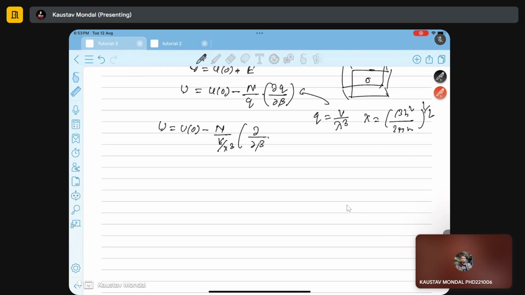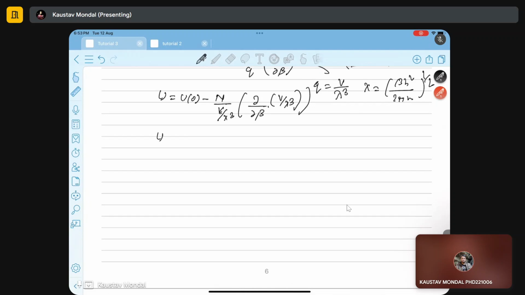From here, U equals U0 minus N by lambda cubed times minus 3 by lambda to the power 4 del lambda by del beta at constant volume, right?